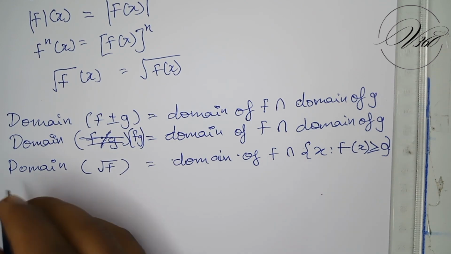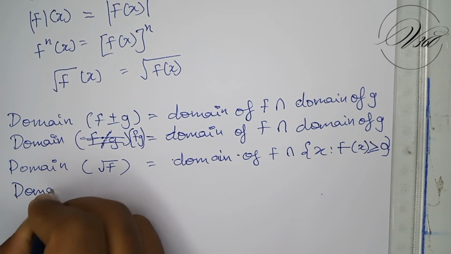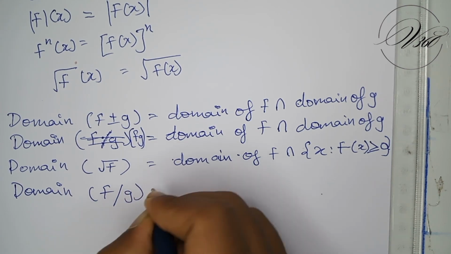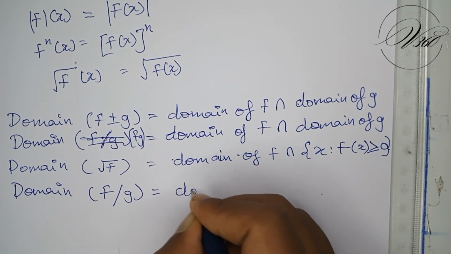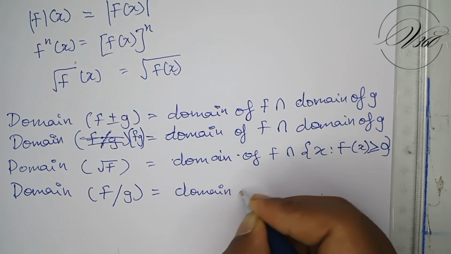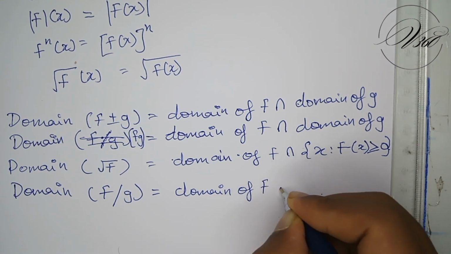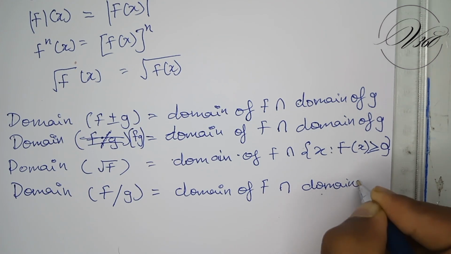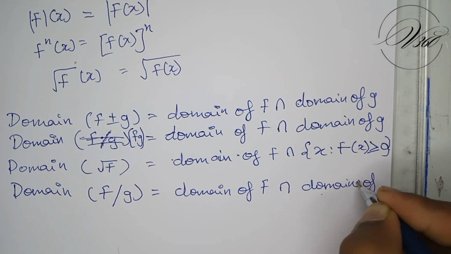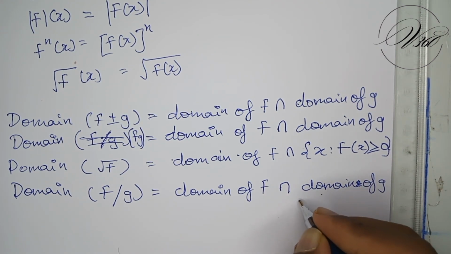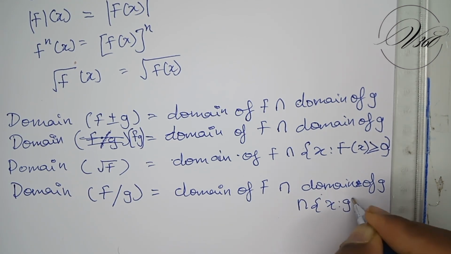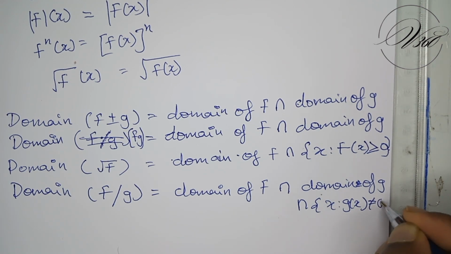Okay, now I will write domain of f by g is equals to domain of f intersection domain of g, again an intersection, where g of x is not equals to 0.